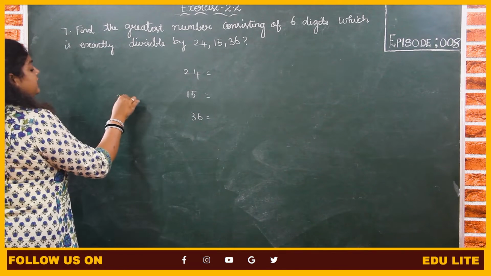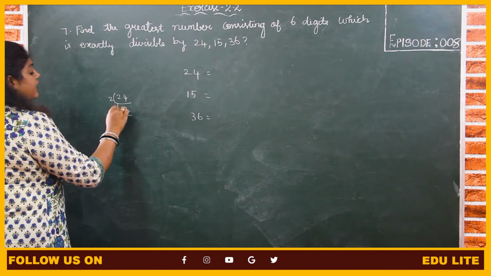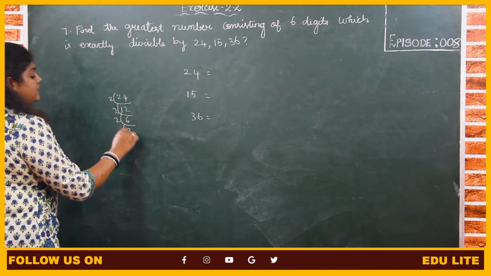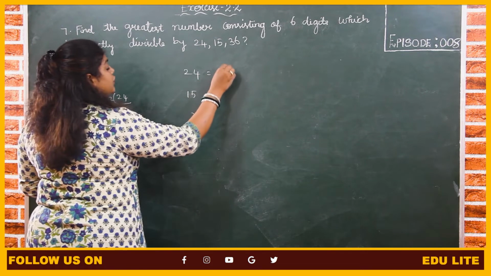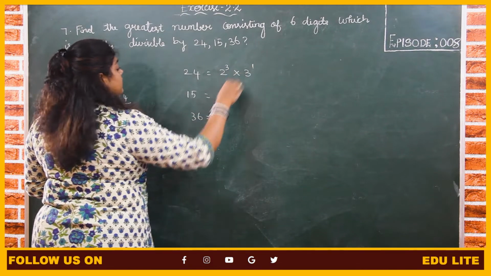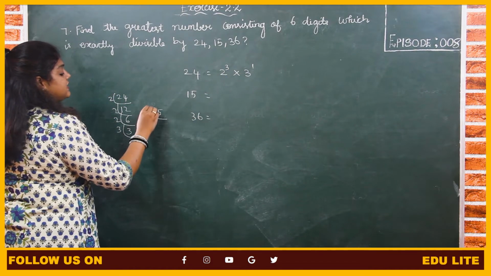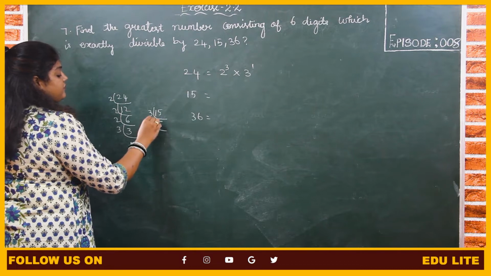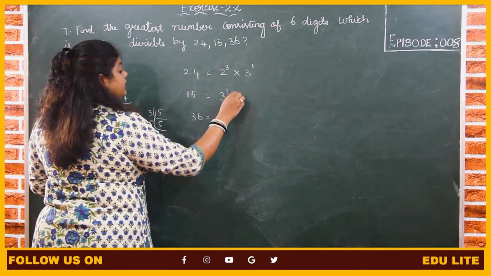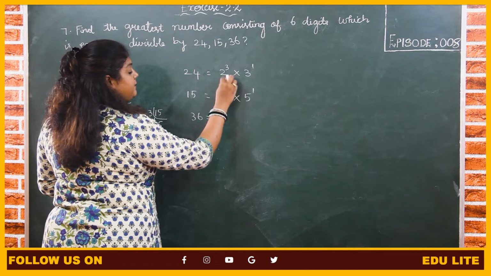So for 24 it is 2 times 12, 2 times 6, 2 times 3, 3 times 1. So 2 cube into 3 power 1. And for 15 it is 3 times 5, 5 times 1. So 3 power 1 into 5 power 1, choosing only prime numbers.